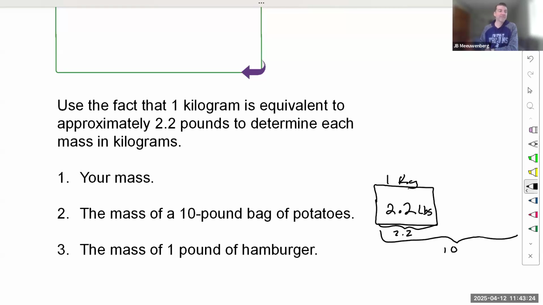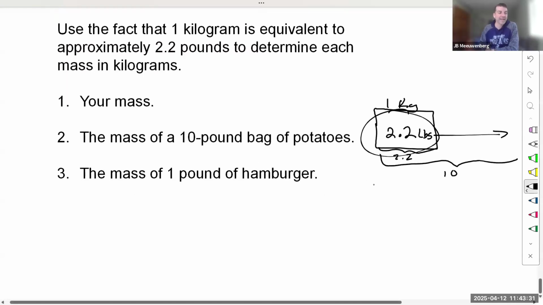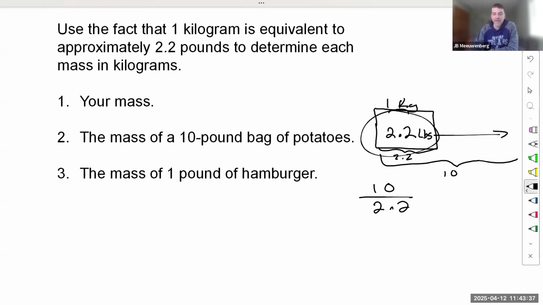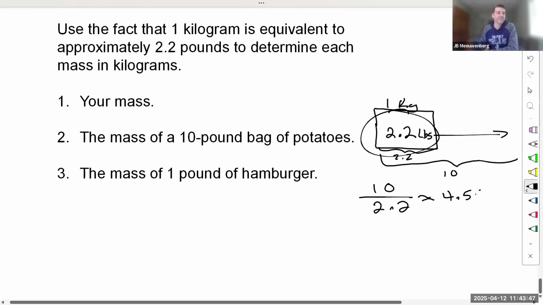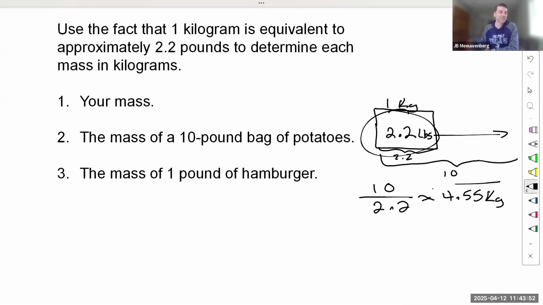I want to see how many of these are going to fit into 10 pounds. And so how do we do that? We will be dividing our 10 pounds by 2.2, and that is going to give us approximately 4.55 kilograms.